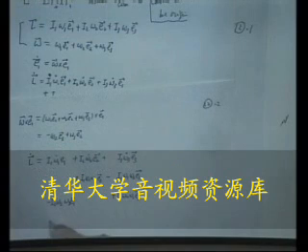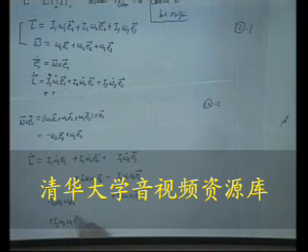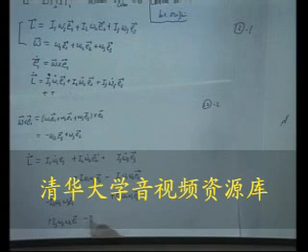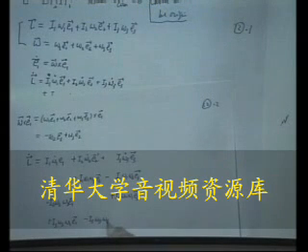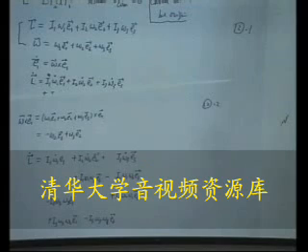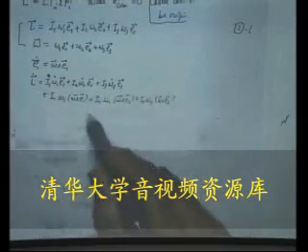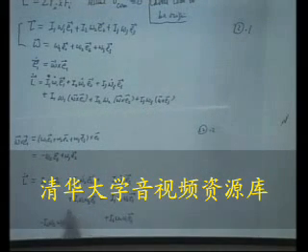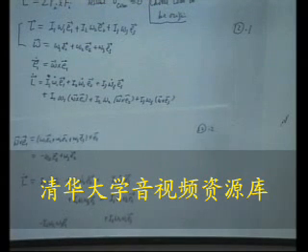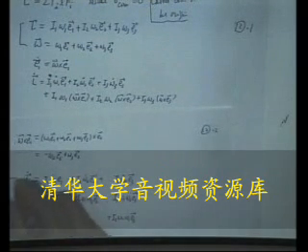Then I get plus I3 omega 3 omega 2 E1 minus I3 omega 3 omega 1 E2. I merely wrote those three terms along this row, along this row, along this row. And that's equal to T.